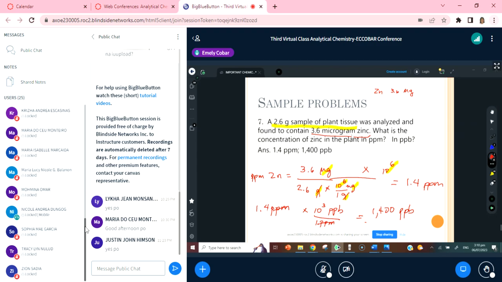The problem says, convert this 1.4 ppm to ppb. What did I tell you? You have ppm, to make it ppb, multiply by 1,000. Because there are 1,000 or 10 to the 3 ppb in 1 ppm.